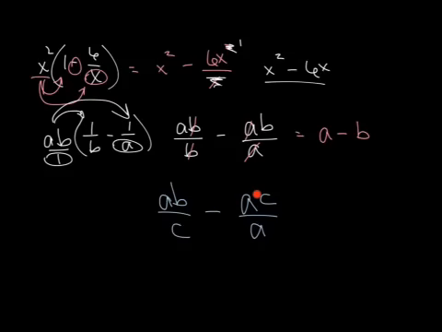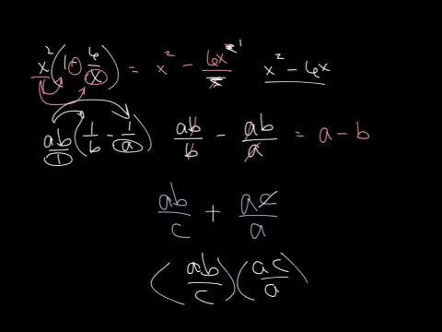You can never cancel across a plus or a minus sign. If these were multiplication, I could do that. But if they're a plus or a minus, you cannot cross those out like that. But if I had an AB over C times AC over A, there's no addition or subtraction sign separating the two, so I'm not crossing an addition or a subtraction sign. Very important to remember.